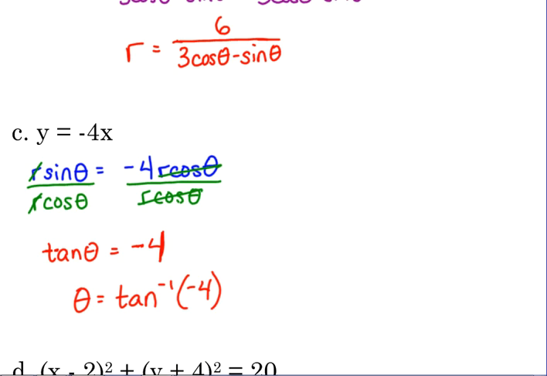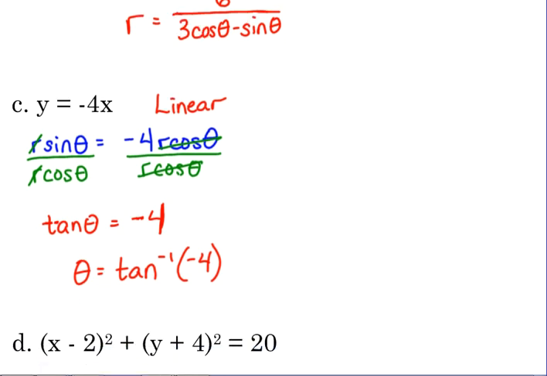So the rectangular equation, y equals negative 4x, is what type of graph? Linear, okay? But this linear equation doesn't look like the other linear equation. That's the thing with polar. There are different forms of what can create a line in polar form.